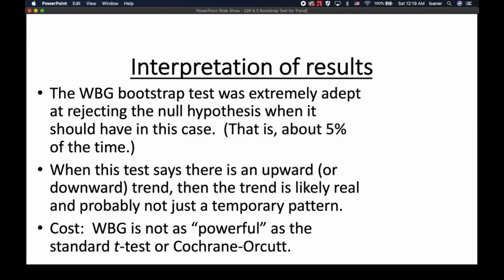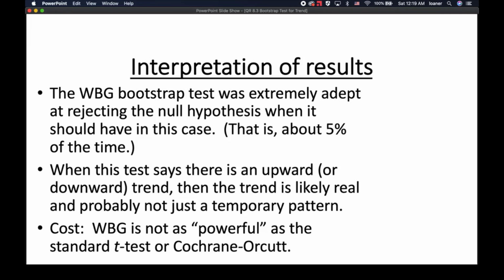Well, that means that when this test, as opposed to the ones before, says there is an upward or downward trend, then the good news is we can believe it. The trend is likely real and probably not just some temporary pattern that's about to change in the future.